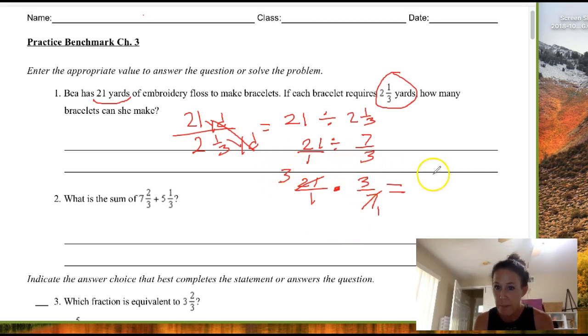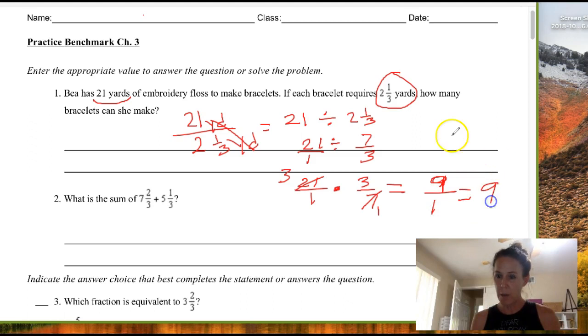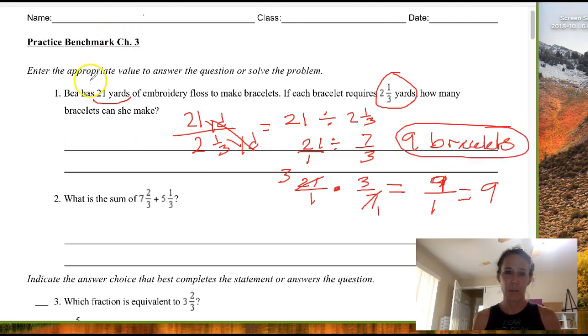So 3 times 3 is 9. And straight across the bottom, 1 times 1 is 1. 9 over 1 is just 9, so I can make 9 bracelets. I apologize for this horrible writing, but that's what I get on this tablet.